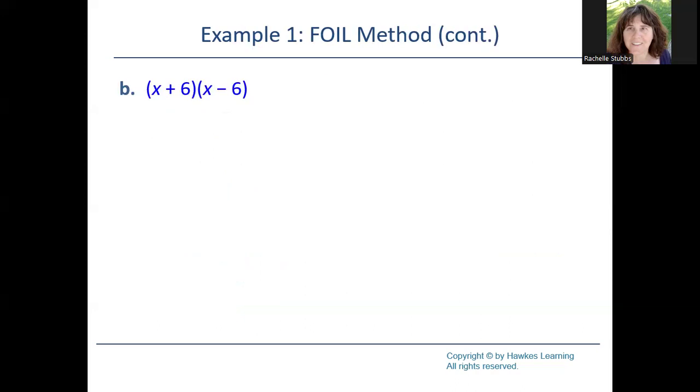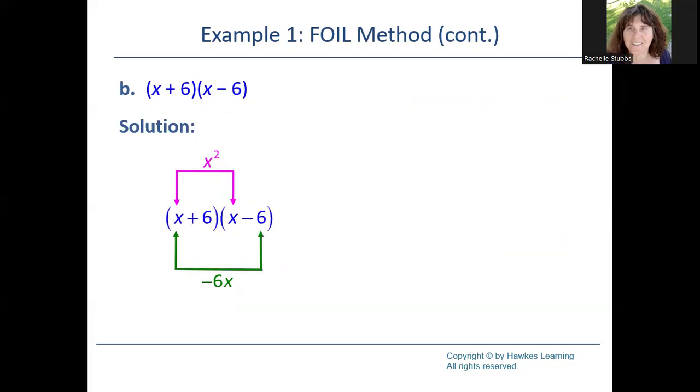In this case, first would be x times x, that's x squared. The outside would be x times a negative 6. The insides would be 6 times x, and the last would be 6 times a negative 6. And then you'll notice that the inside terms fall out. They become 0. And this is what I mean by special terms, and you'll start to get used to them. Notice that these two are exactly the same, and these two are exactly the same.